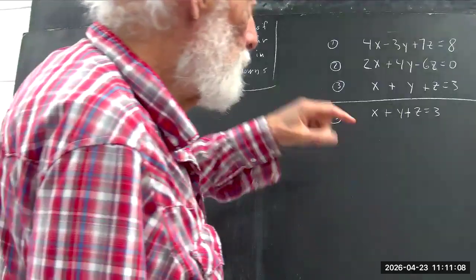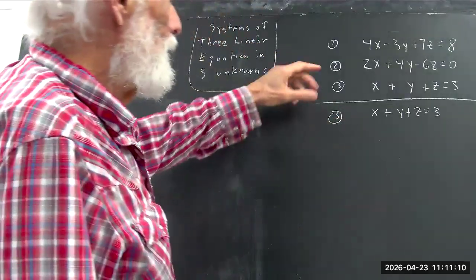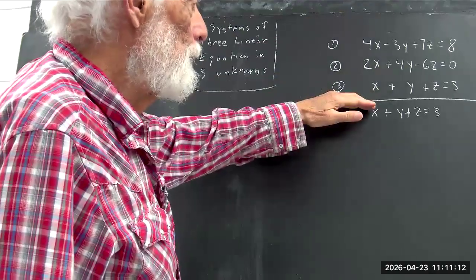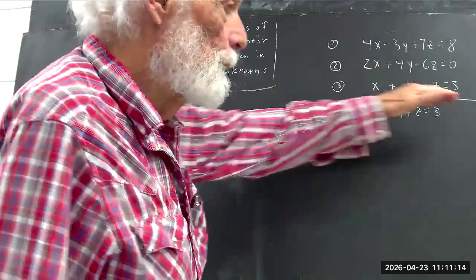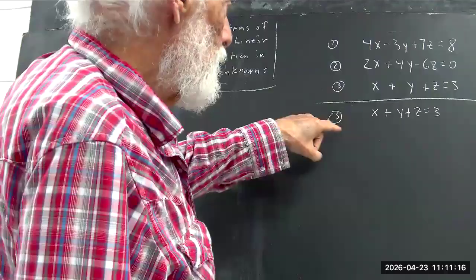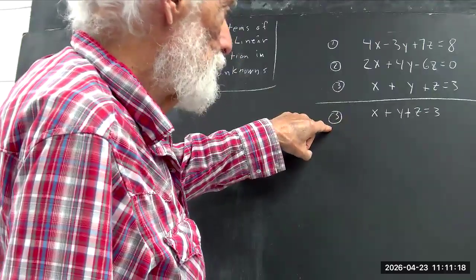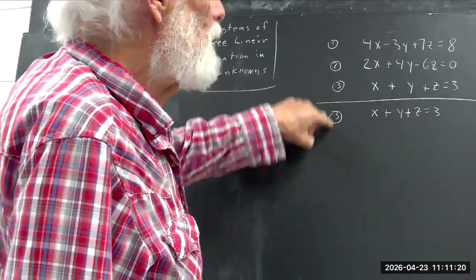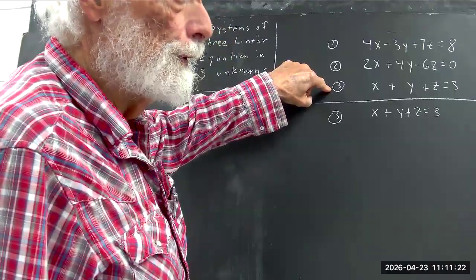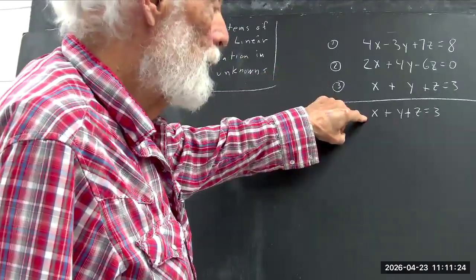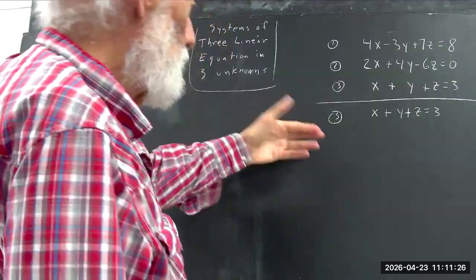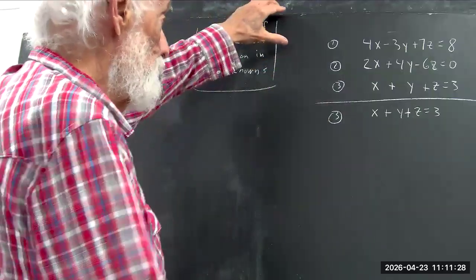Just keep track of which equation is which. So I have the three equations written with an underline, and then I write 3 with a circle, meaning I take equation 3 from the previous step and write it here. That'll be the first equation in my system.